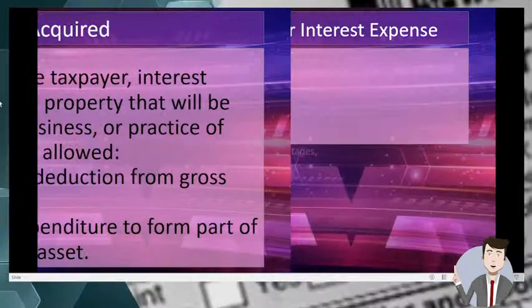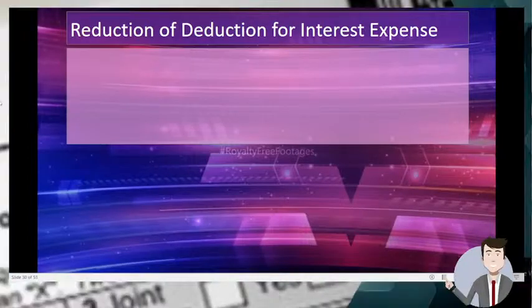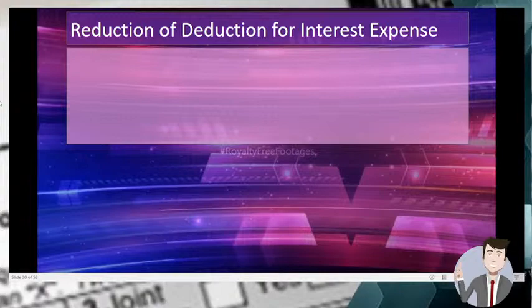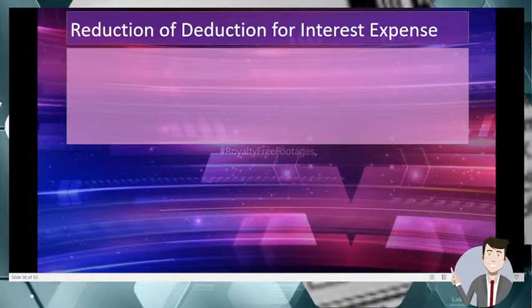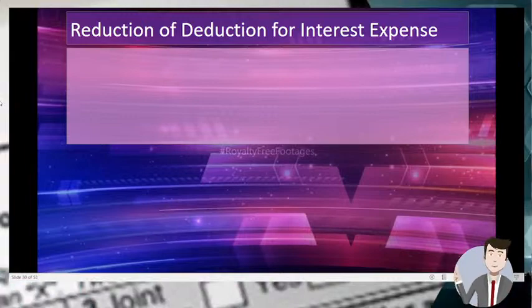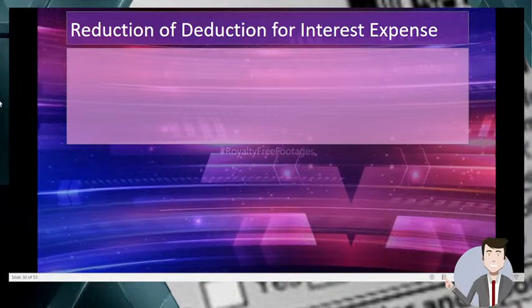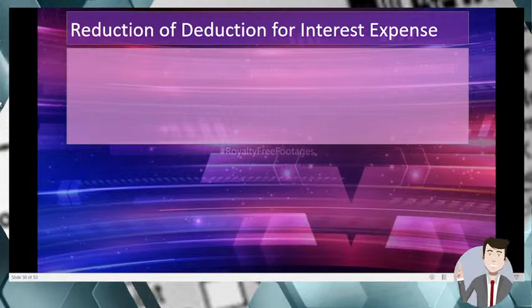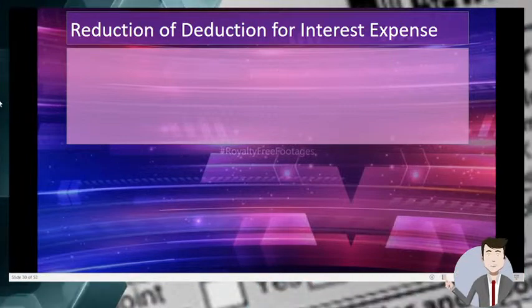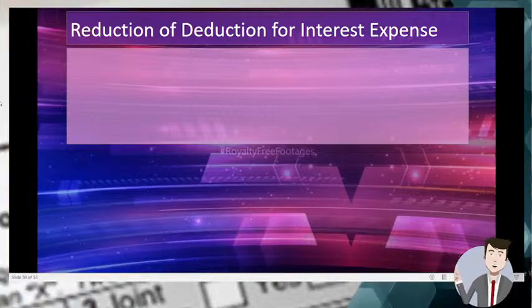For the computation of income tax, the interest, particularly on that capital asset, should be claimed as deduction to your gross income not as an interest expense, but instead it should be deducted from the gross income of the taxpayer in the form of depreciation. Okay, depreciation and not interest.